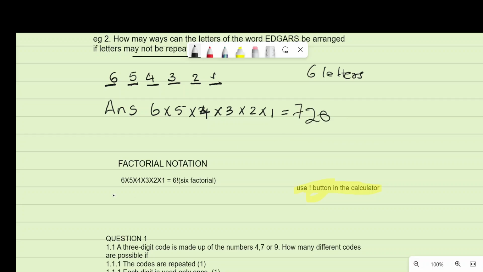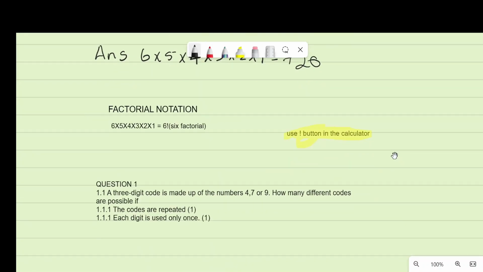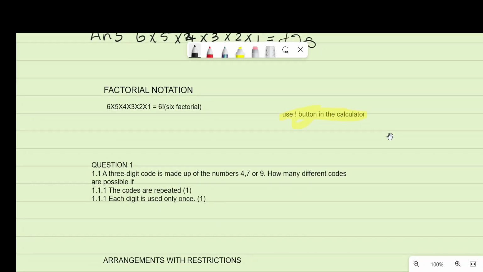Okay. Now, that one you check in your calculator how we use it there. Now, a 3-digit code is made up of the numbers 4, 7 or 9. How many different codes are possible if the digits are repeated and if each digit is used only once?